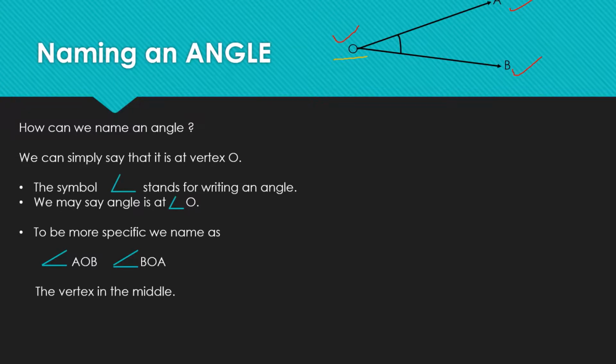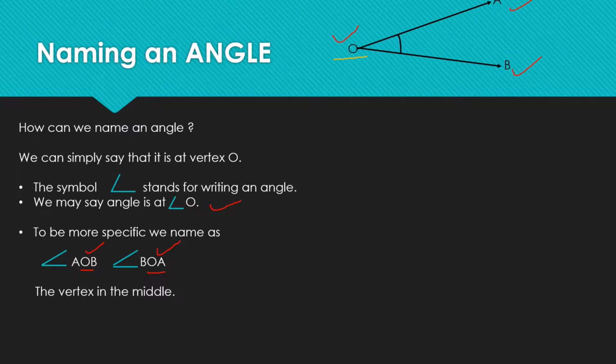So you can simply say the angle is at O, and we call it angle O. But to be more specific, we name it angle AOB, with the vertex in the middle.